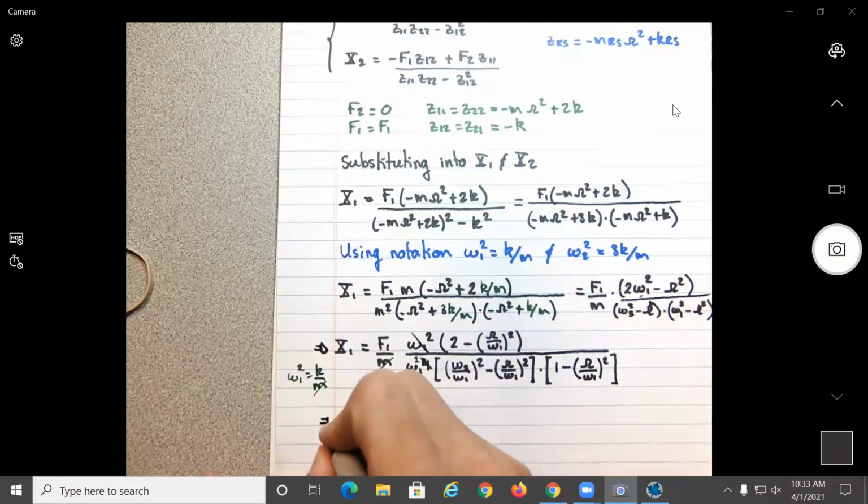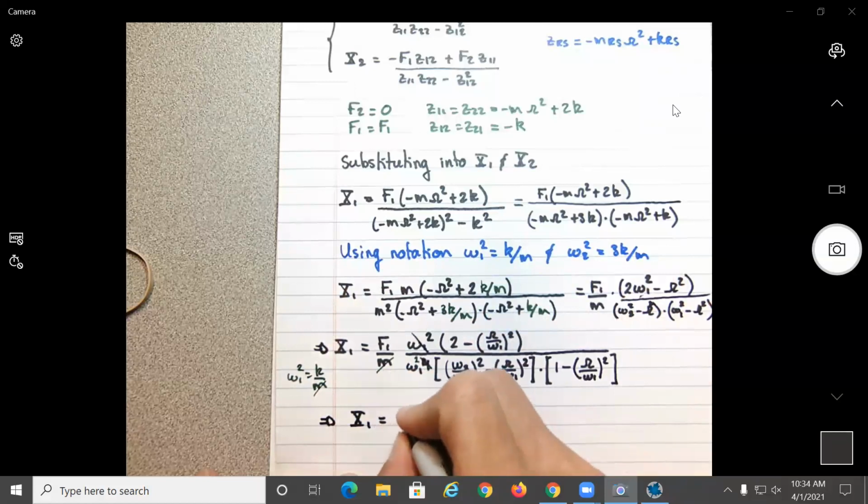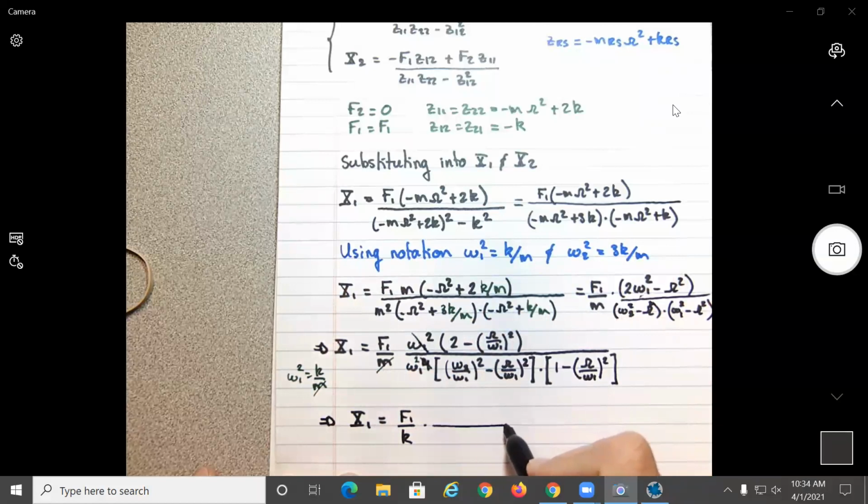So at the end here, we're going to get that X1 will be equal to F1 over K times 2 minus capital omega over omega 1 squared. I'll use the brackets, looks a bit cleaner.